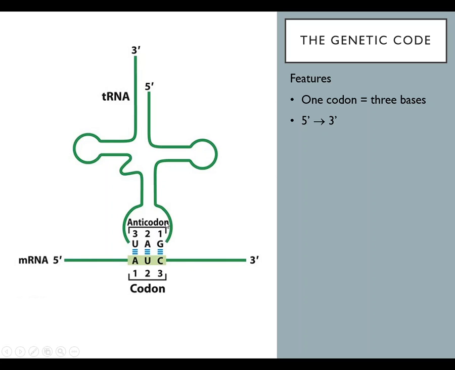Now the anticodon of the transfer RNA, because it's complementary to the codon of the mRNA, is antiparallel, and so we read the codon, in this case AUC, but the anticodon we would say is GAU, because traditionally the 5' end of any nucleic acid sequence is first. But sometimes you'll see anticodons written sort of backwards like this.